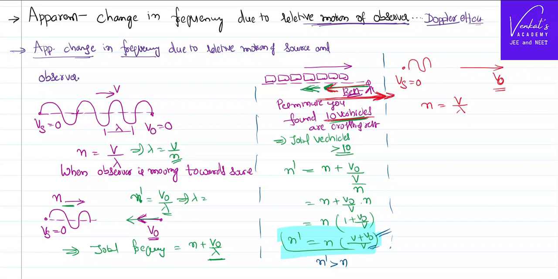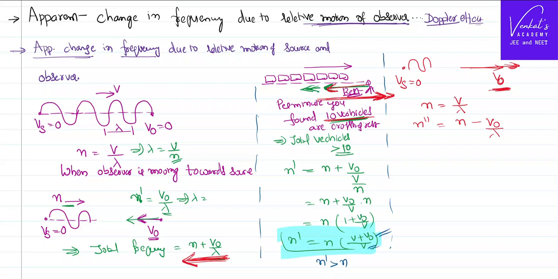So the total number of waves you receive when the observer is moving away from a source is the original waves minus the waves that you are not allowing to cross because you are moving away against the direction of their motion. Extra n dash is vo by lambda. Be careful: earlier I wrote plus because you were crossing more waves while approaching the source.